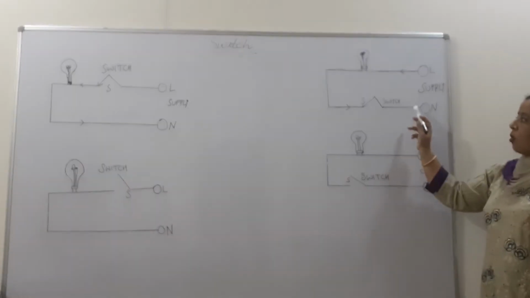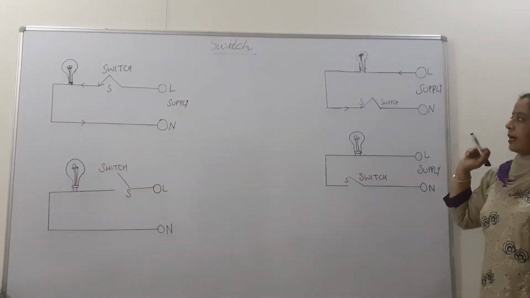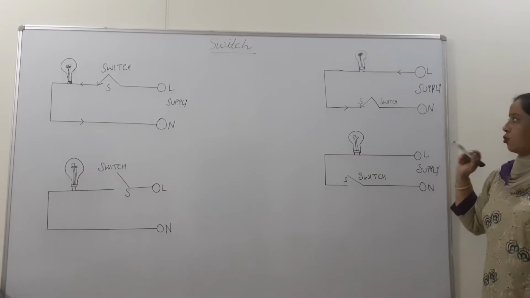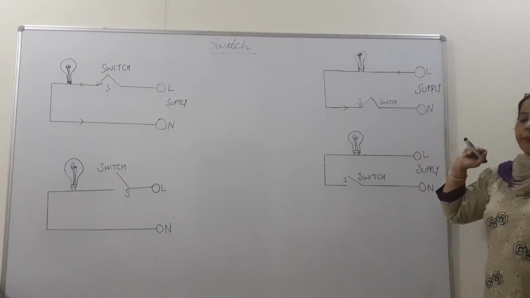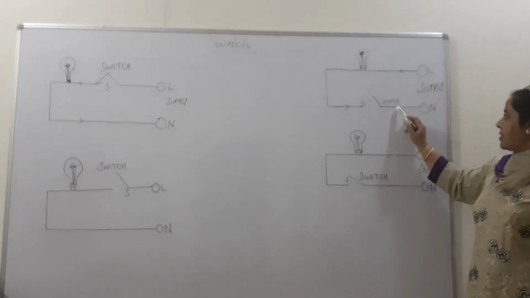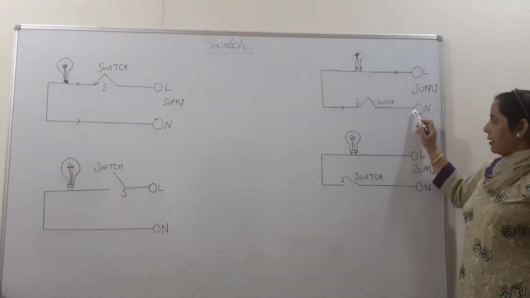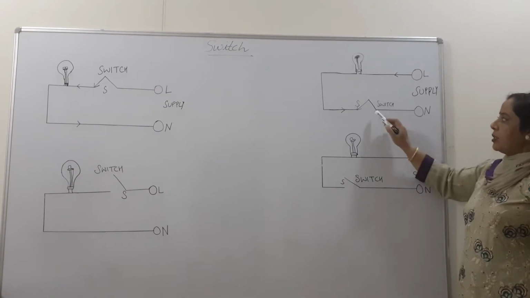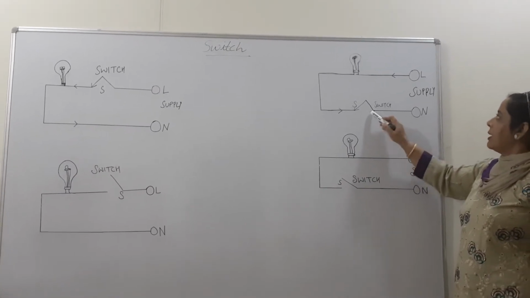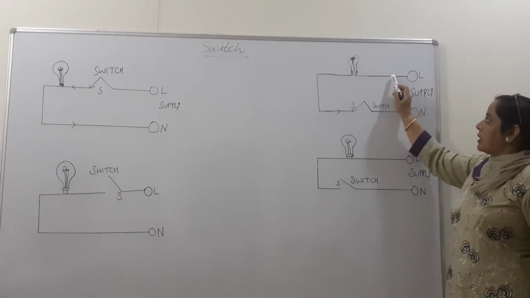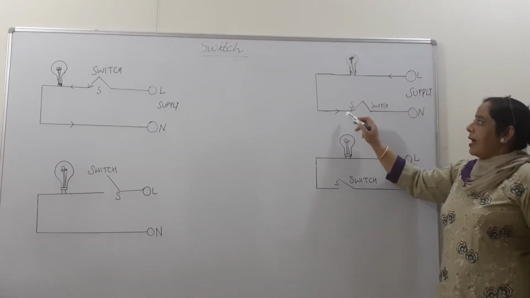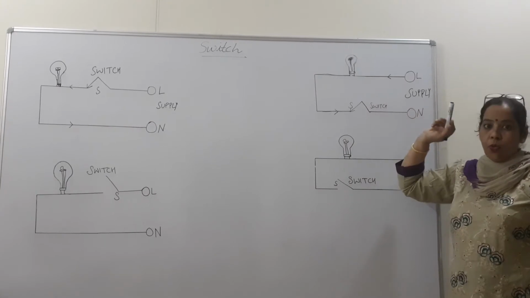After that, why should the switch not be connected in the neutral wire? Suppose by mistake it is connected in the neutral wire, then what will happen? If the switch is connected in the neutral wire, you see here the switch is on, our appliance is connected with the live wire, so the circuit is complete and the bulb will glow.